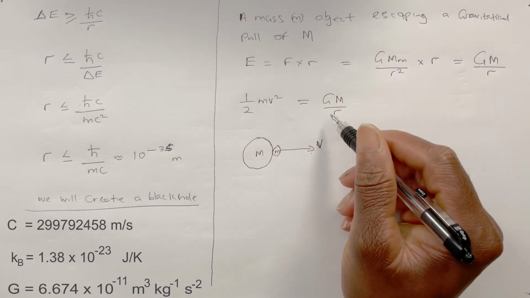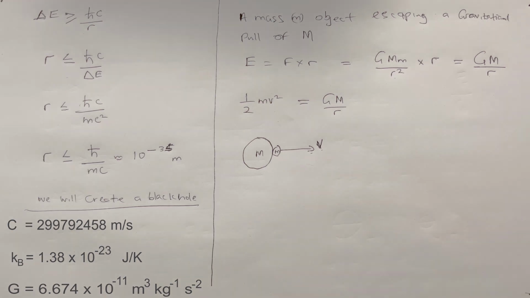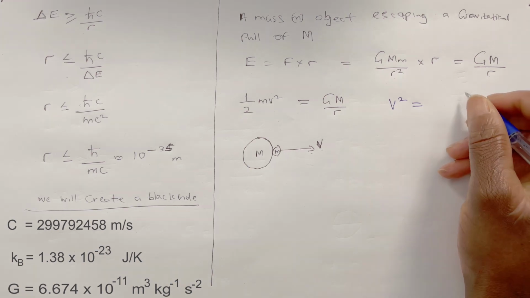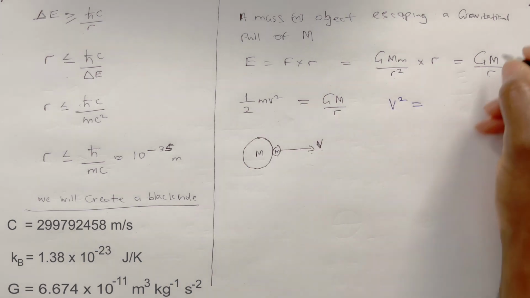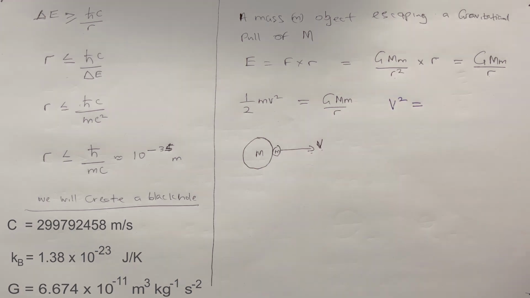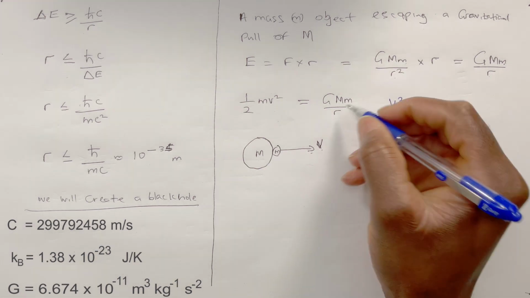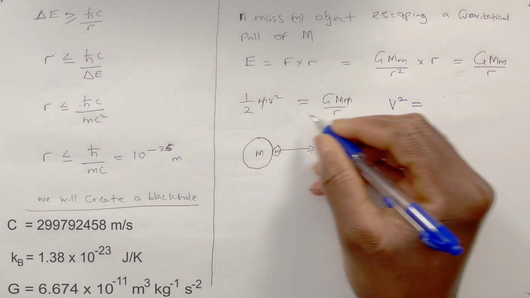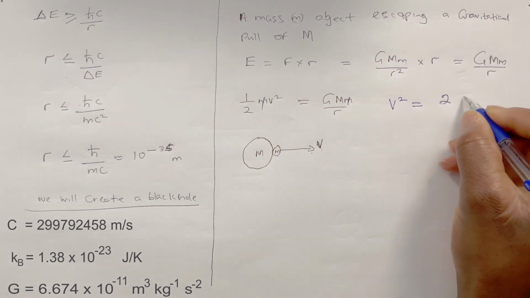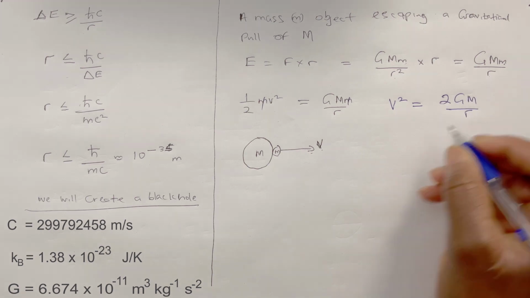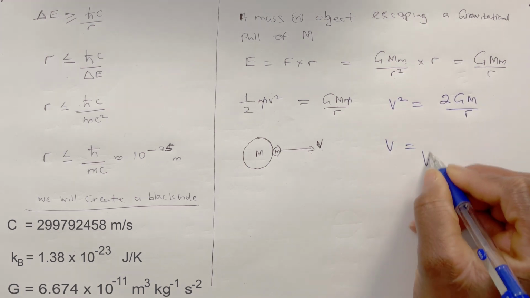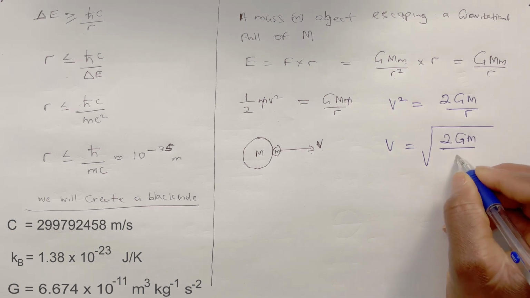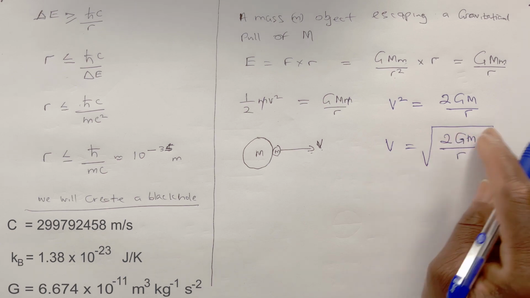Now we need to calculate the speed. By the way, this one is little m as well, because it's only r that we cancel, not m. So we cancel that m, and then you have v squared equals 2GM over r, and therefore v will be the square root of 2 times the gravitational constant times M over r. So that will be the escape velocity.